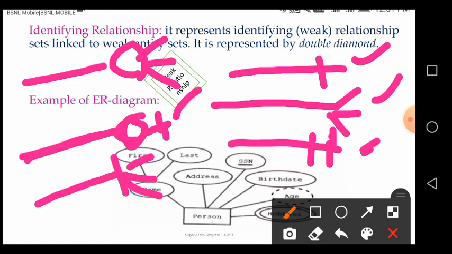This is 0 or 1. This is 1 or many. Next another one is 0 or many. These are the notations used for developing entity relationship diagrams.